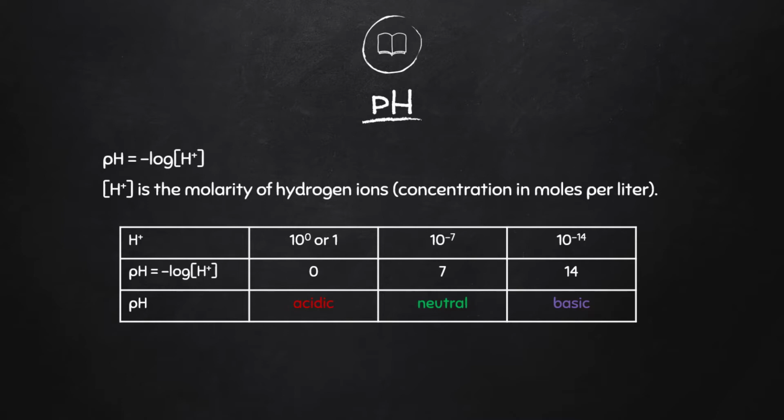For liquids with molarity of hydrogen ions equal to 10 raised to negative 7, you will have a pH level of 7, and that is considered to be a neutral water sample or neutral pH.